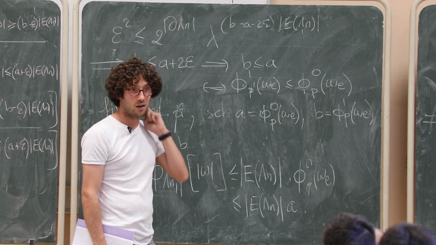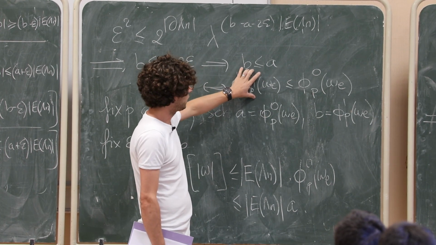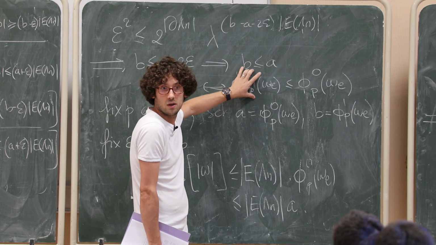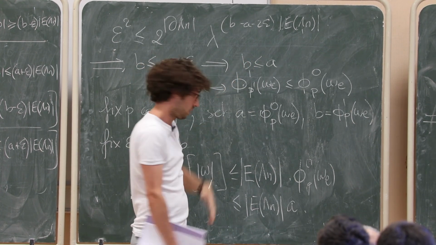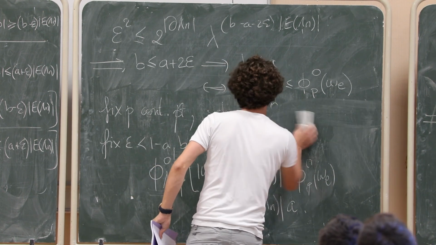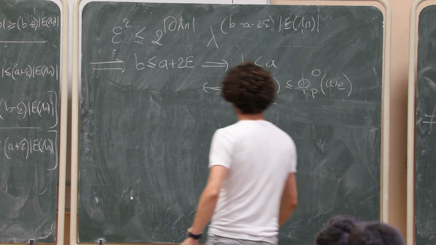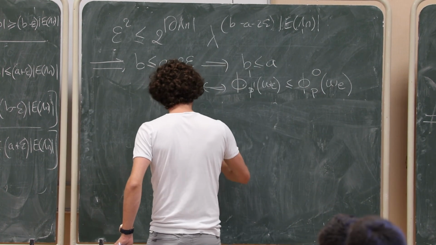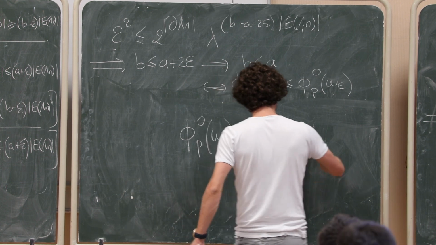But if you are at a continuity point for p, this thing is converging when p prime tends to p to phi 1 p of omega e. So that implies, so we have phi 0 p of omega e, which obviously is smaller than phi 1 p of omega e.